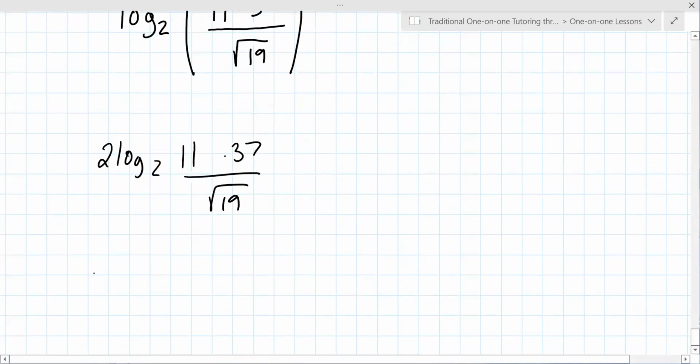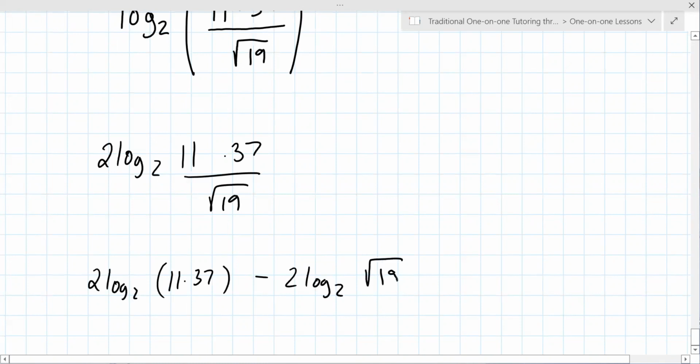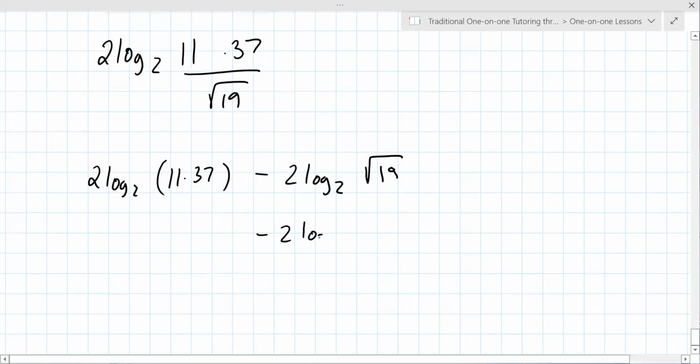Okay. Now from here, it's a quotient: 2 log base 2 of 11 times 37 minus 2 log base 2 of the square root of 19. Did you get this far? Yeah. All right, so from here, that square root of 19 becomes 19 to the 1/2 power.